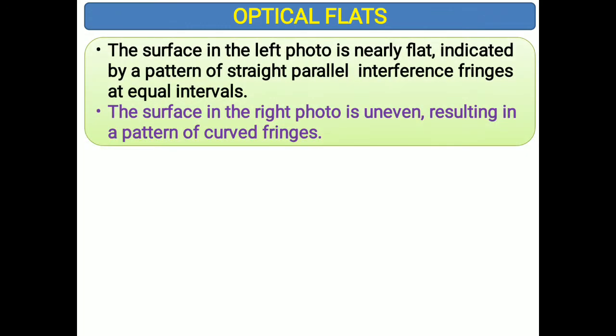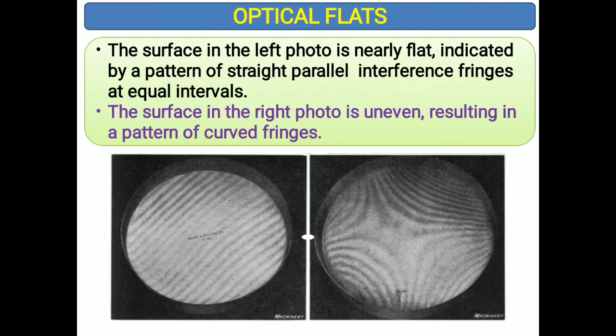So next you can see how we can check the flatness. When the surface is flat, you can see this type of lines, that is straight lines. To inspect the surface, we place the optical flat on top and supply the monochromatic light source, and you can see straight lines if the surface is flat.